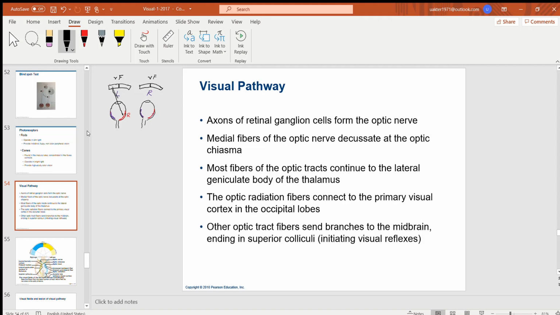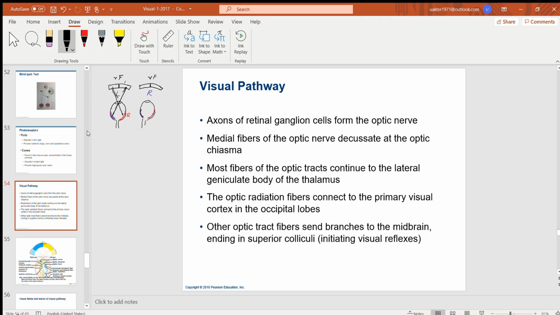Make sense? And from the right half of your left visual field, the stimulus or light will go to the left hemiretina. Okay, so we can also divide.